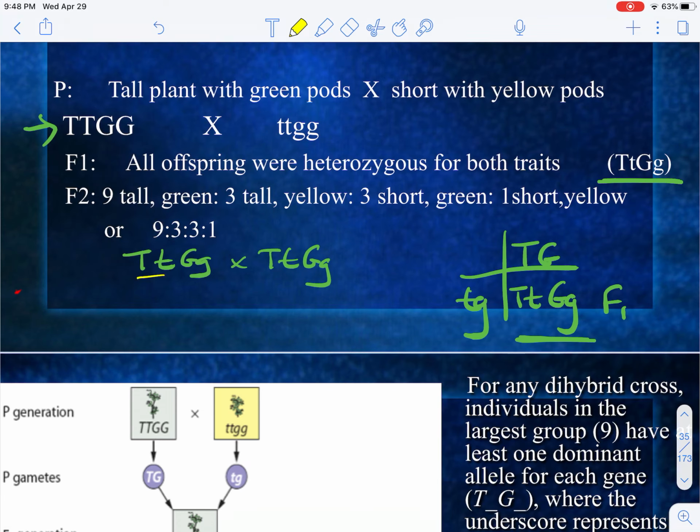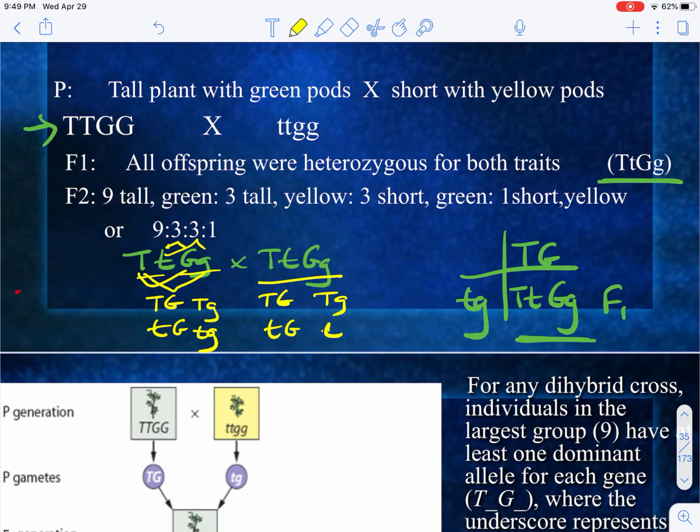And maybe you can see this already, but there will be 4 possible gametes here. If you're heterozygous for both of these traits, big T can go with big G, big T can go with little g, little t can go with big G, little t can go with little g.